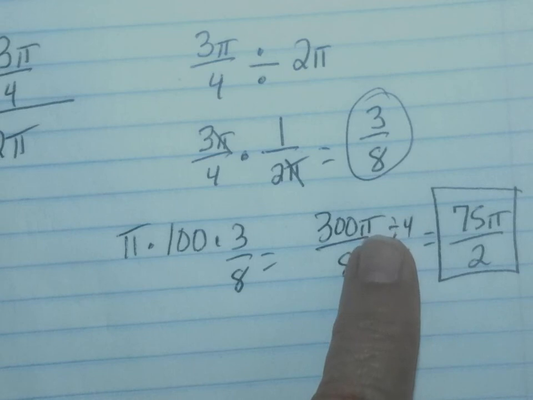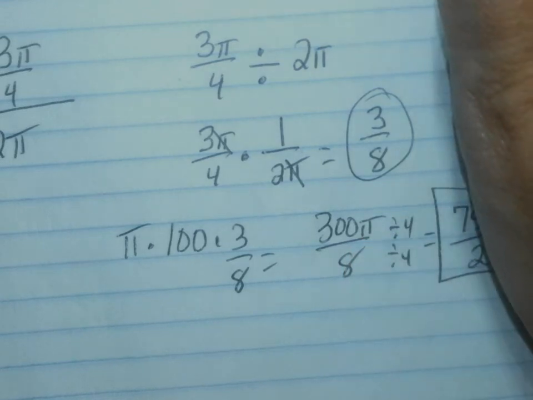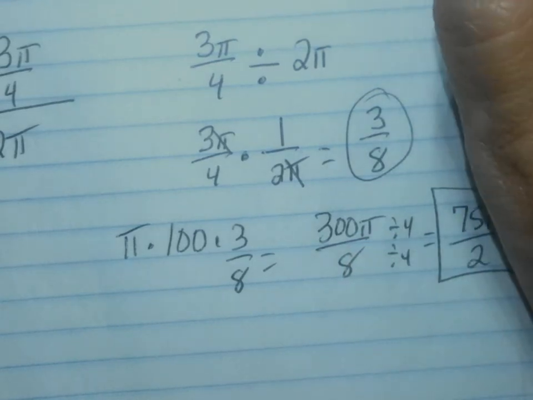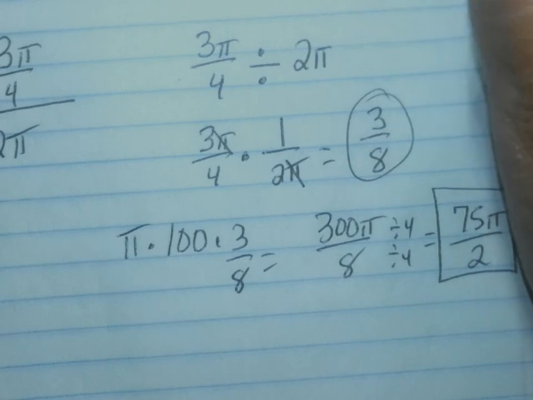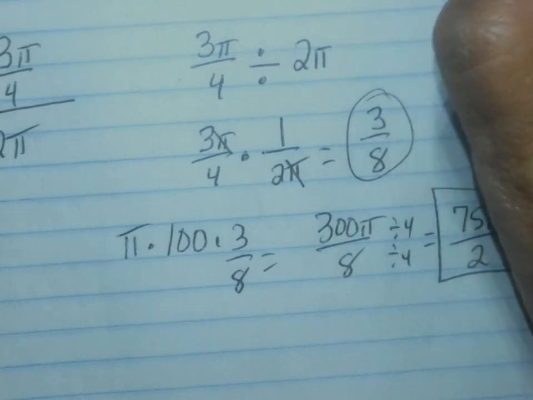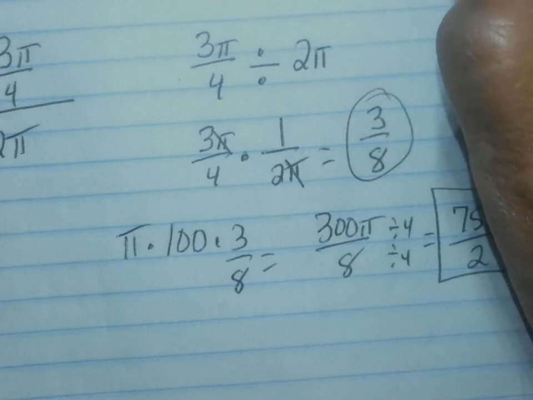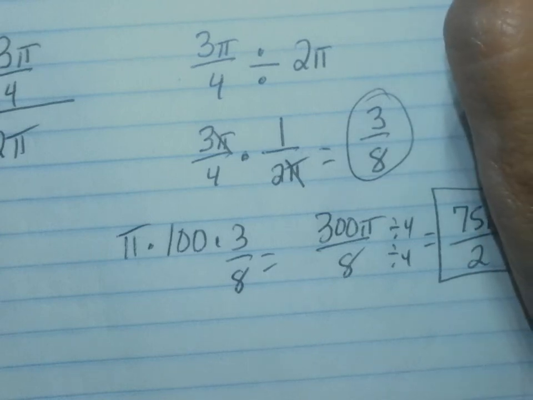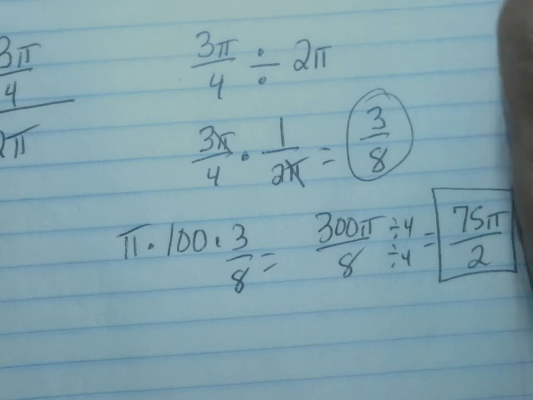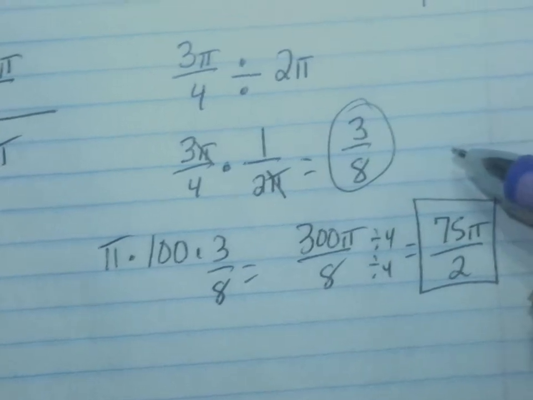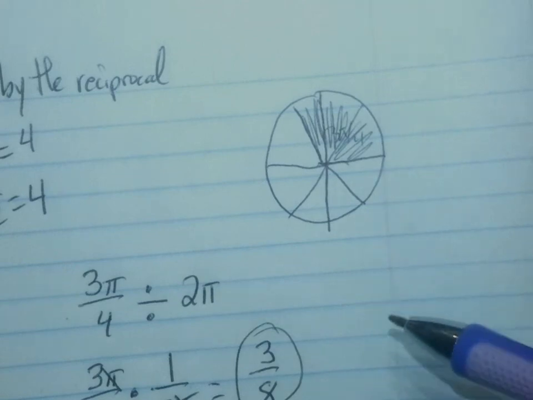Looking at this 3/8, we go back to our picture. Remember what our sector looked like? It was 3 pi over 4. Well, what happens if I cut this like a pizza? Here was my original. Sorry, you guys couldn't see what I was doing.